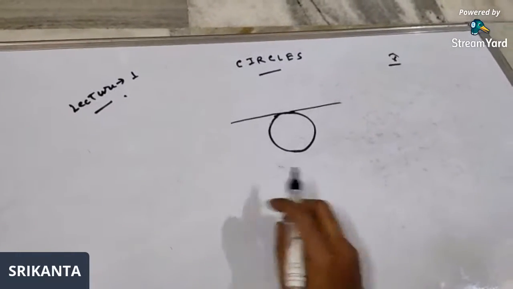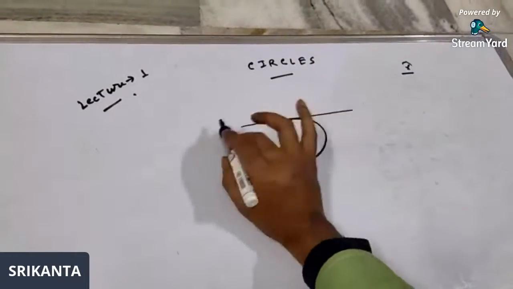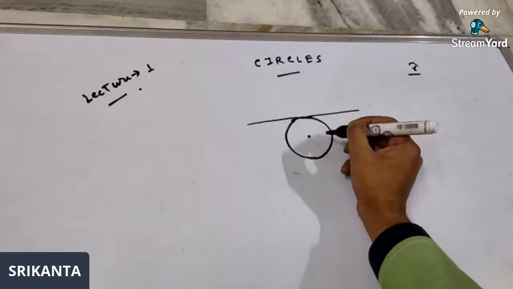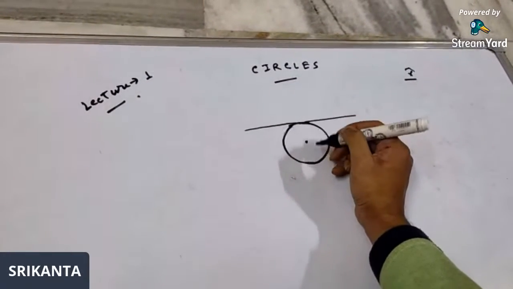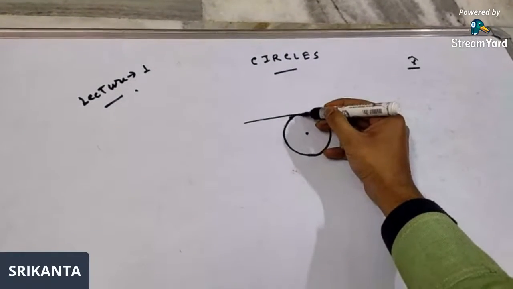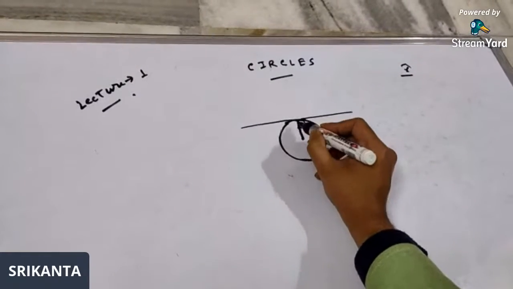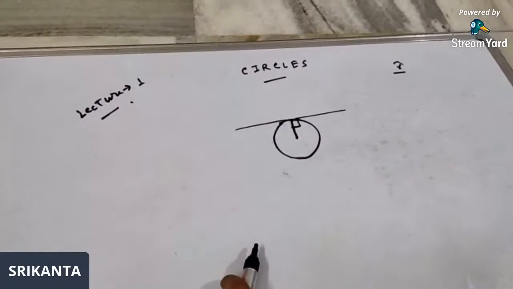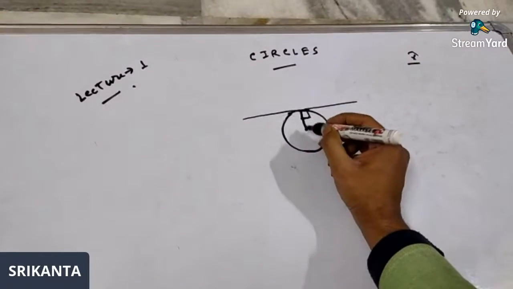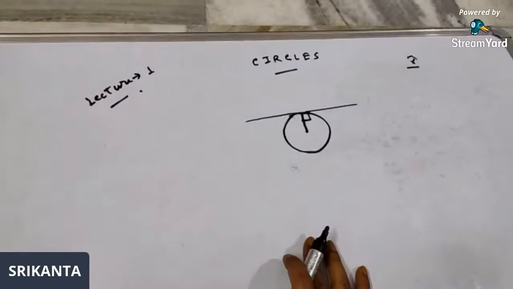Now our first theorem says that if there is any tangent to a circle, then the line through the radius, that means this, is always perpendicular to the tangent. So the line which passes through the radius is perpendicular to the tangent.